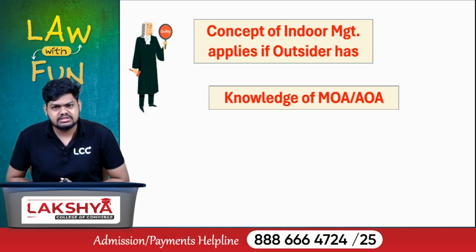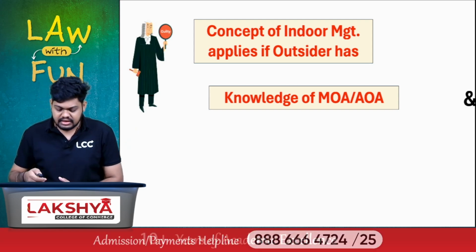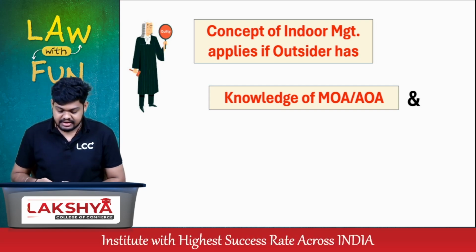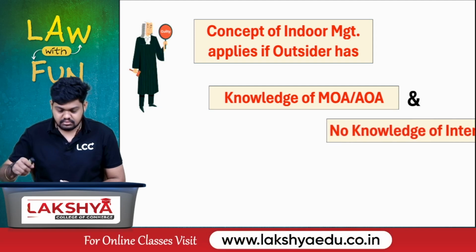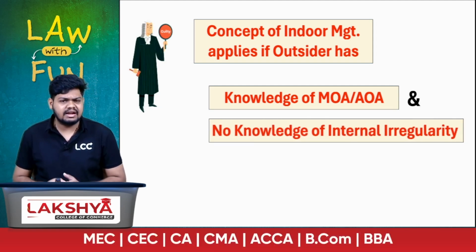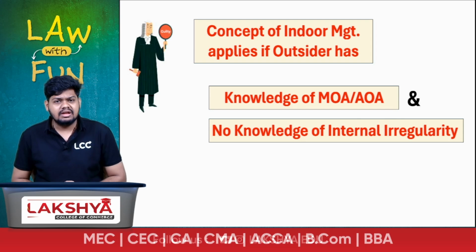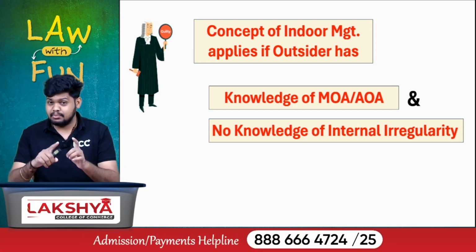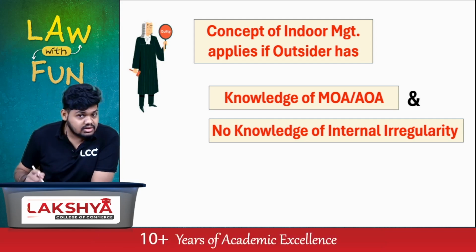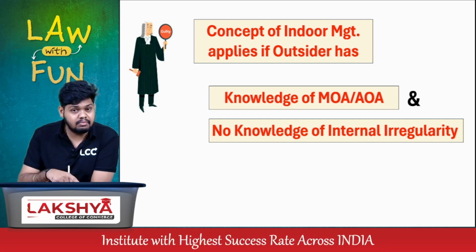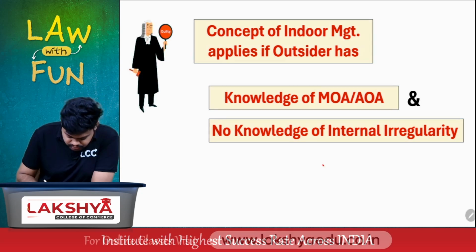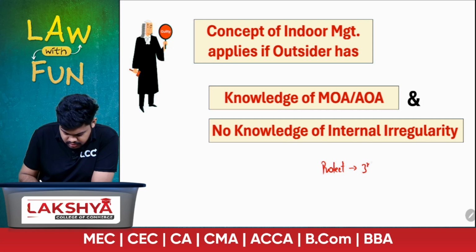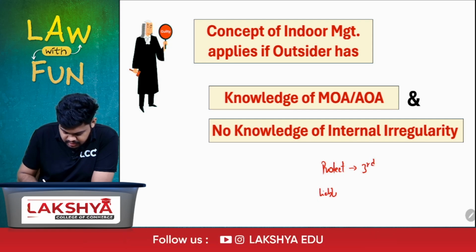Along with this knowledge of the MOA and AOA, they must also have no knowledge of internal irregularities of the company, of the internal management of the company, because they are not able to inquire about it. If they do not have knowledge, we will protect the third party, and we are making liable whom? The company. So give me the wordings here: protect third party and make liable the company.